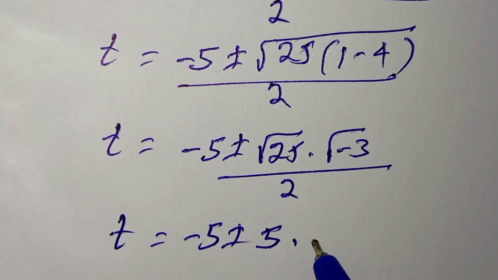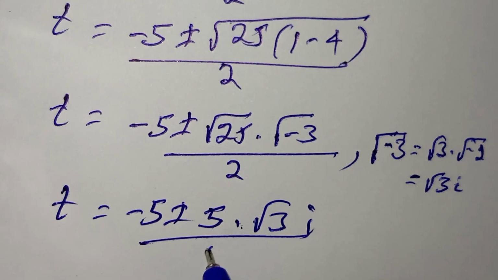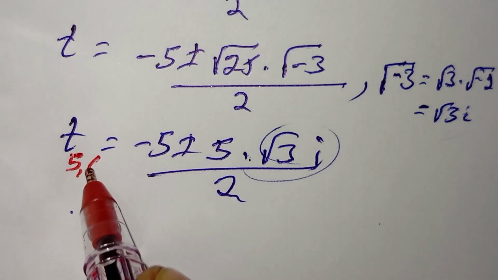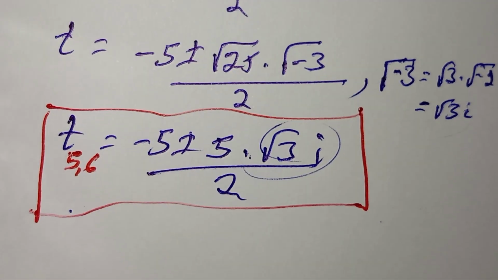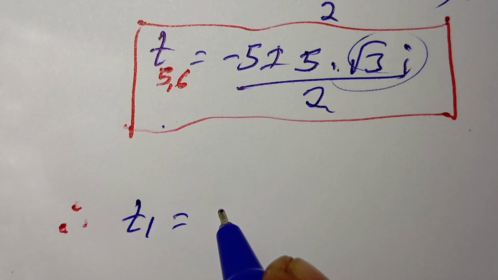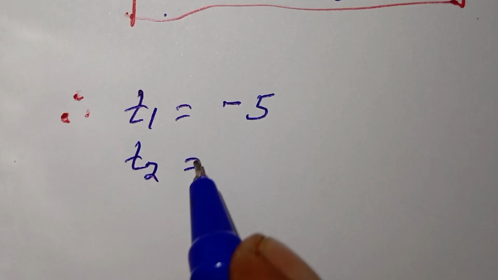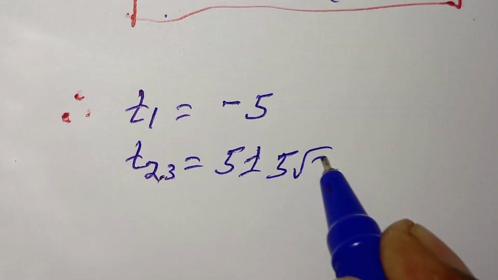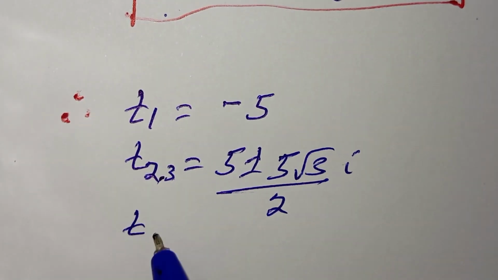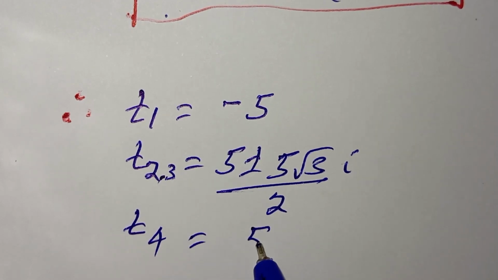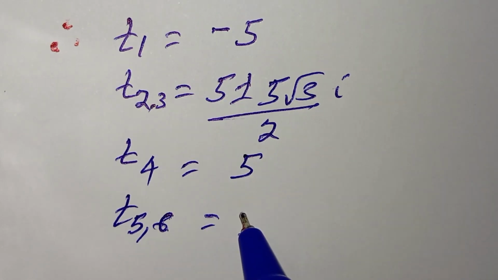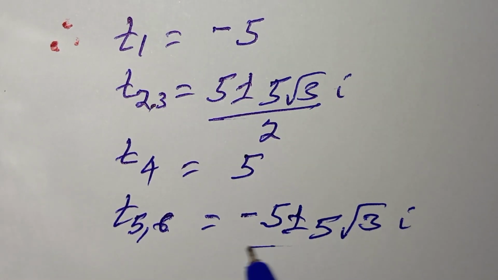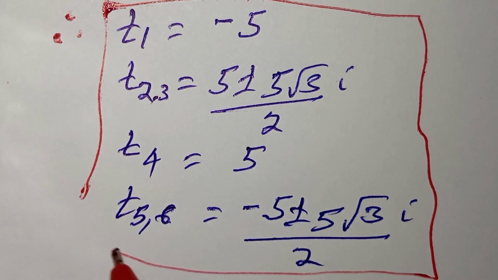Based on this one, this is the fifth and sixth solution of t. Therefore t1 is equal to minus 5, t2 and t3 is equal to 5 plus or minus 5 root 3i over 2, t4 is equal to 5, t5 and t6 is equal to minus 5 plus or minus 5 root 3i over 2. Solution of t.